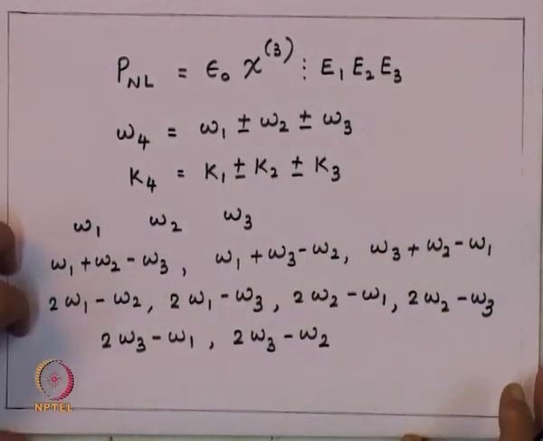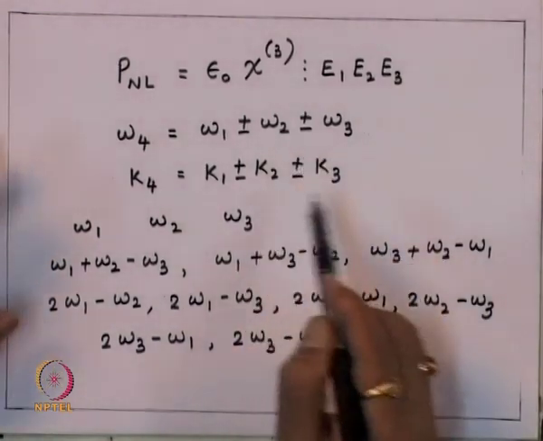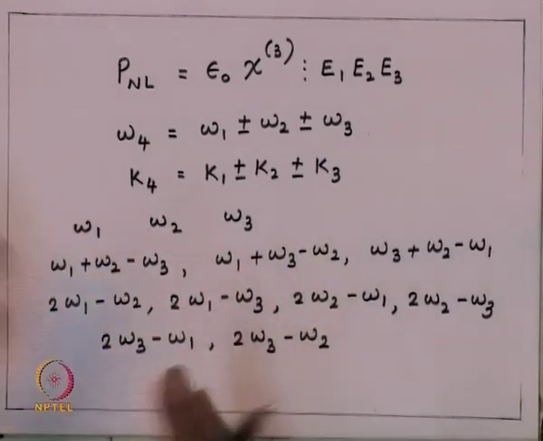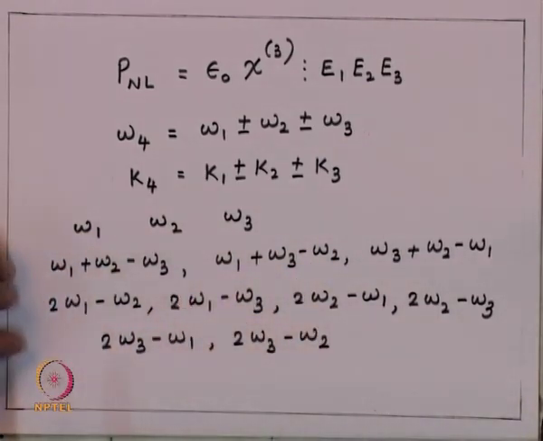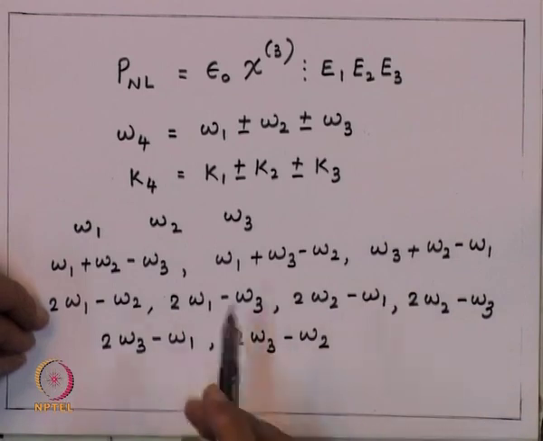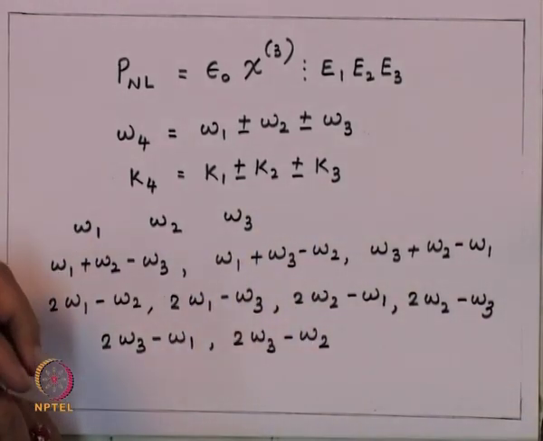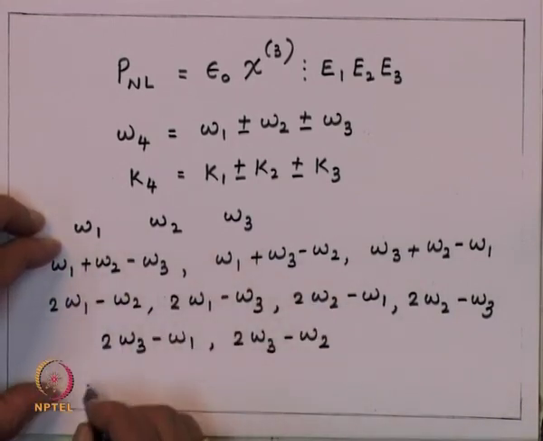So, essentially what we are saying is that when different signals propagate, because of this nonlinear process, sum and difference frequencies are created, and these new frequencies lie in the same frequency band. That is the phenomenon called 4-wave mixing.